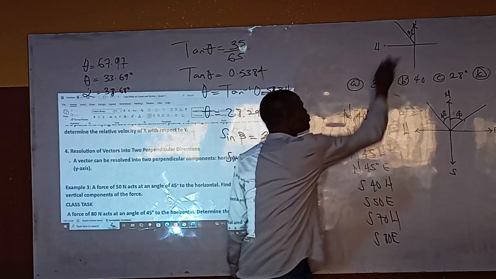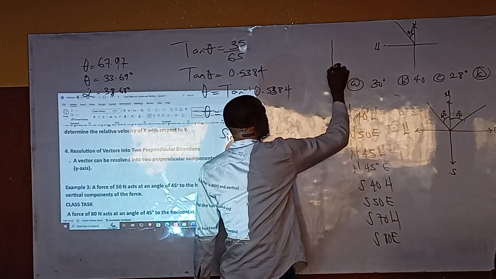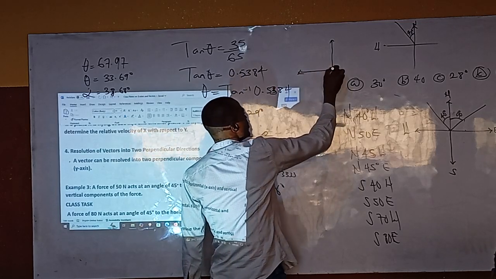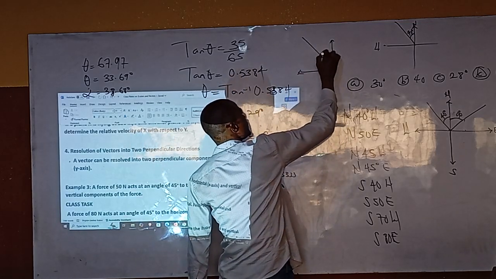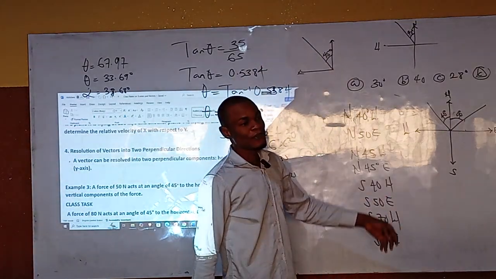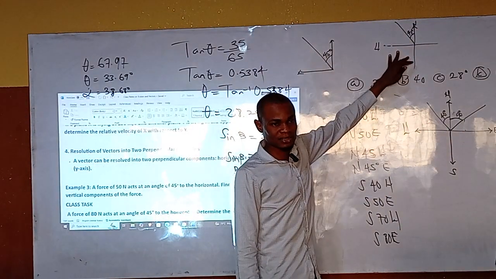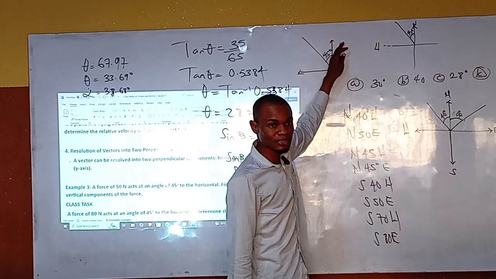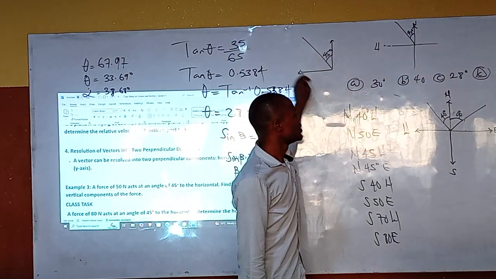If you don't want to draw the cardinal points, you can just draw a line. If you are doing vectors, you don't need to draw the cardinal points like this. This line is representing north. This is west.